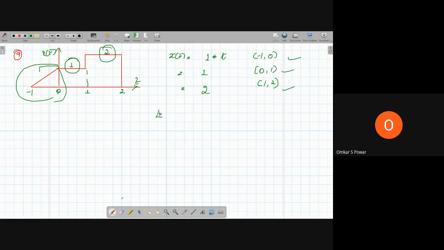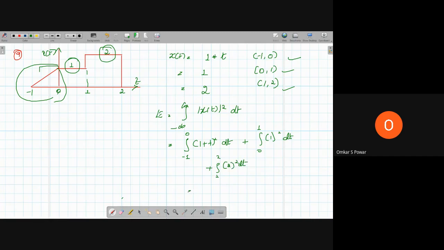So energy is equal to integral from minus infinity to infinity mod x of t the whole square dt, then integral minus 1 to 0, 1 plus t the whole square dt plus integral 0 to 1, 1 square dt plus integral 1 to 2, 2 square dt.